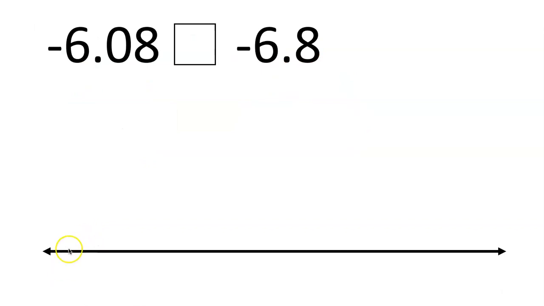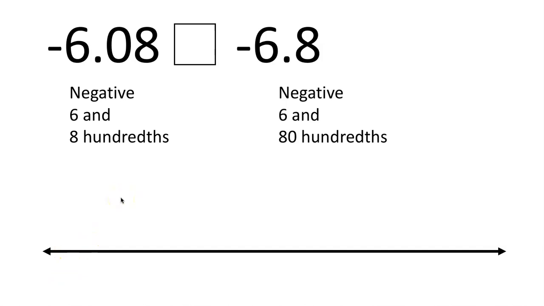All right, now take a look at this example. We have -6 and 8 hundredths and -6 and 8 thousandths. So we're using that trick where we just add a 0 to make it easier to compare. So 80 thousandths compared to 8 thousandths. Now I like to draw it on a number line when they're negative values.